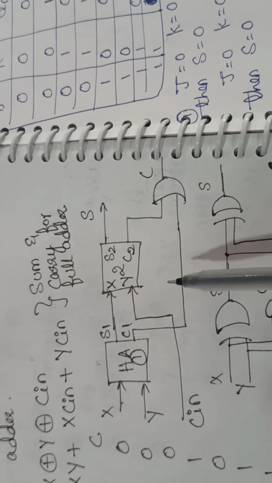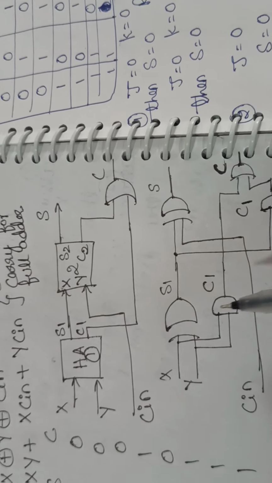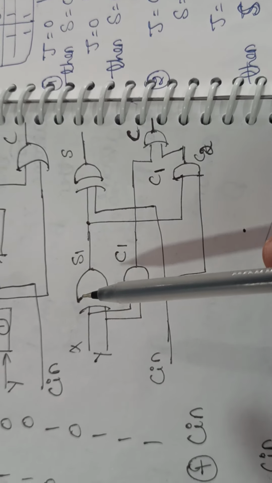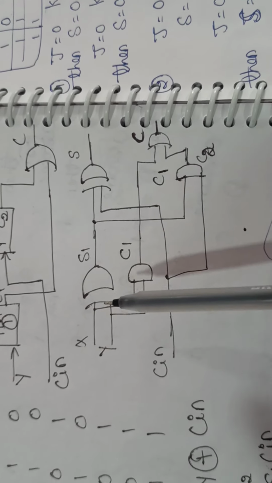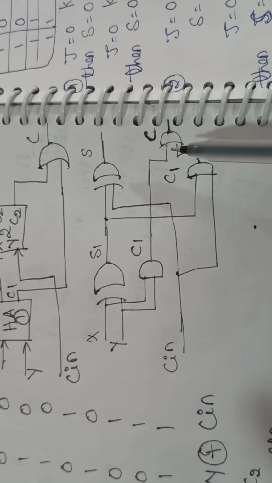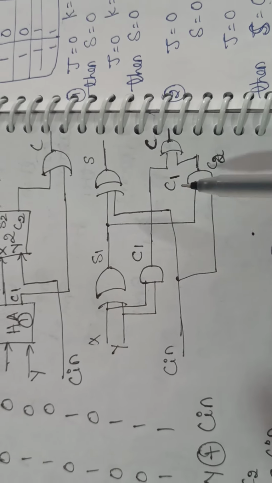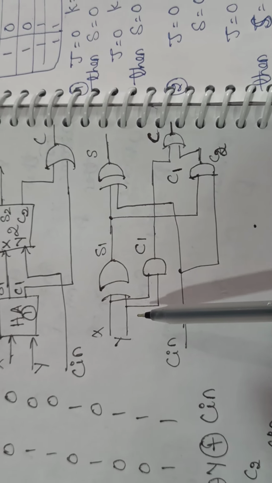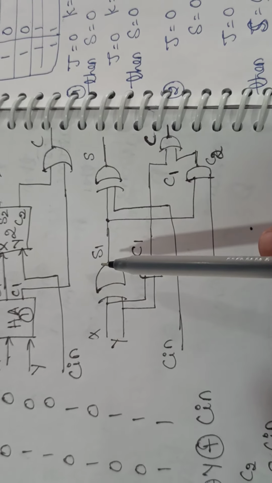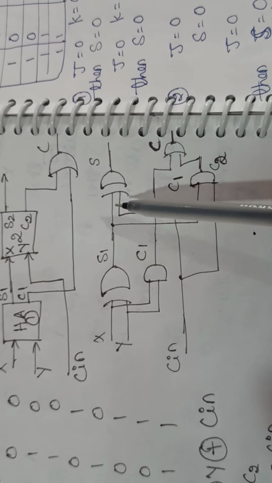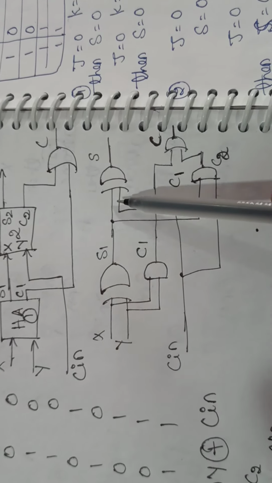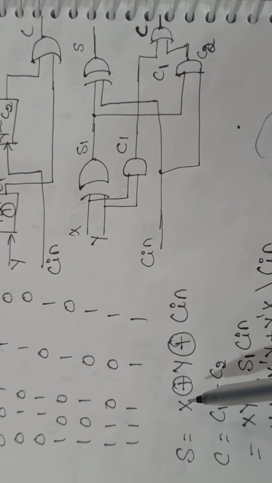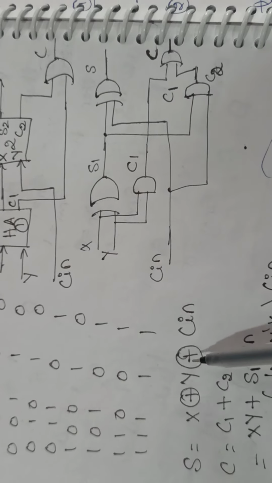Alright, this block diagram I have drawn making use of logic gates. We all know that a half adder has one XOR gate and one AND gate, so two half adders have two XOR gates and two AND gates. But one OR gate is there to combine the carry of the two half adders. This XOR gate will take input x and y. This XOR gate will take the sum of the previous XOR as an input, then c in as another input. So I can write s is equal to x XOR y XOR c in.